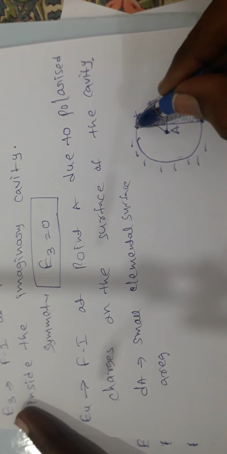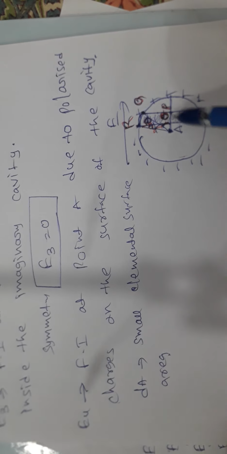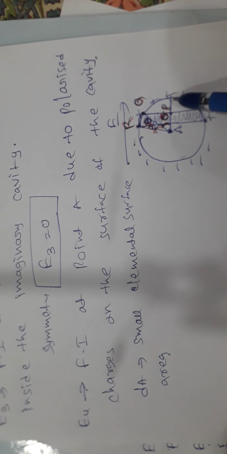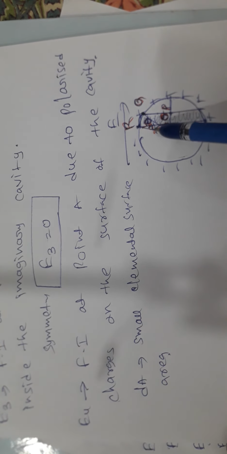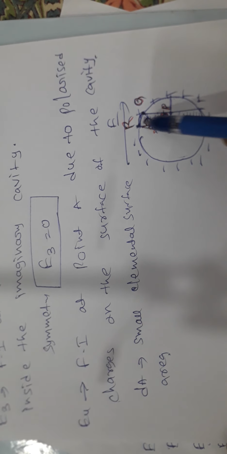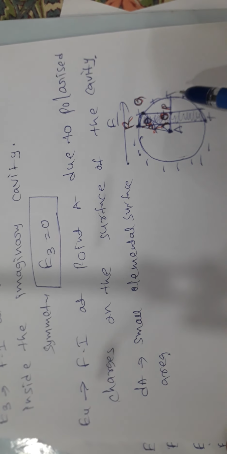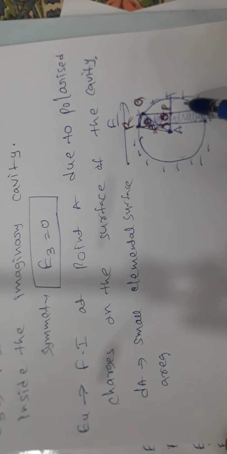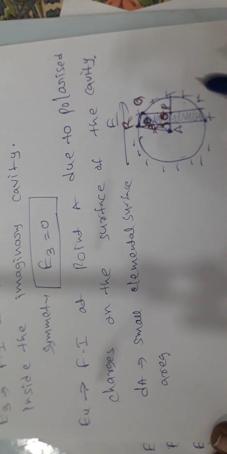This is point P, this is Q and this is R, taken inside the cavity. Now this small elementary area is making an angle theta with the horizontal and theta plus d theta with the horizontal. So first we calculate dA.